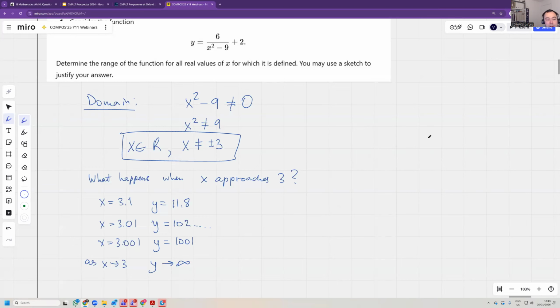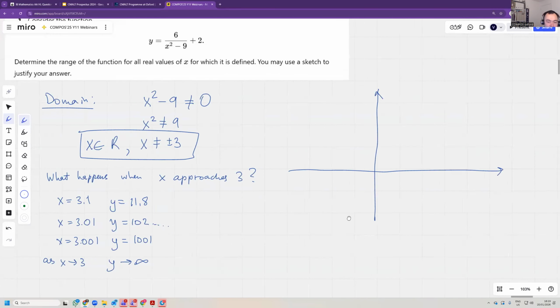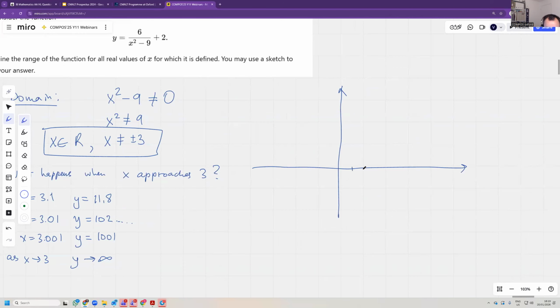Interesting. That's what we call a vertical asymptote. Sketching usually helps. So if you have 1, 2, 3, -1, -2, -3, when x approaches 3, y goes really, really big. So that's an asymptote like this.